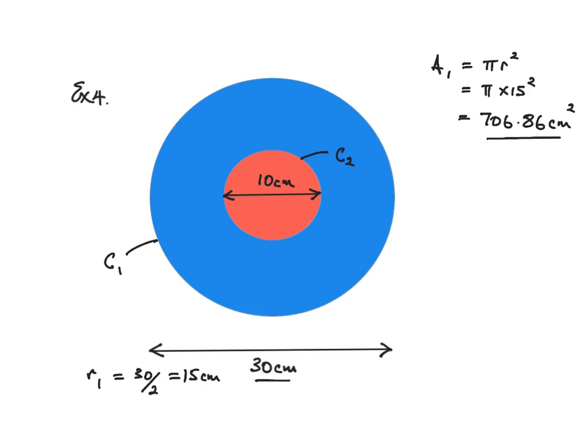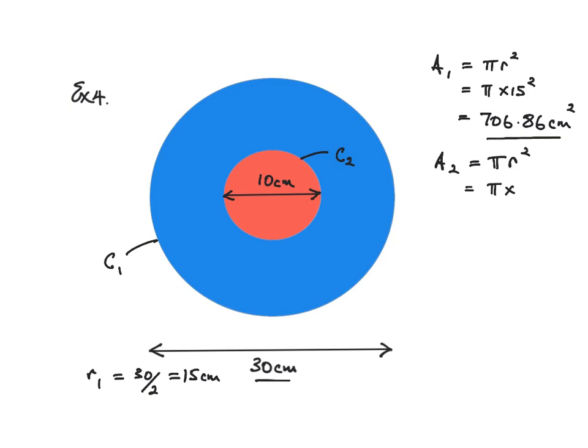Next thing I'm going to do is to work out the area of the red circle. Now, the 706 is the area of, try to imagine there's no red circle in the middle. So the area of the whole blue circle is 706.86. So area 2 then, the area of the smaller circle, the red circle, and it's pi times what?